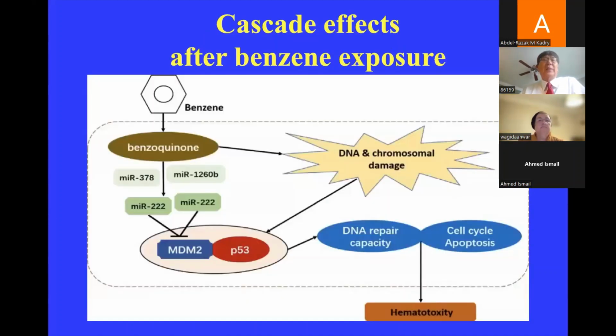This is a summary of the report I mentioned to you. From cell culture, the cells were exposed to benzoquinone, a known toxic metabolite of benzene, to show that it induces abnormal microRNA expression, leading to perturbation of the MDM2 pathway, which interacts with p53.